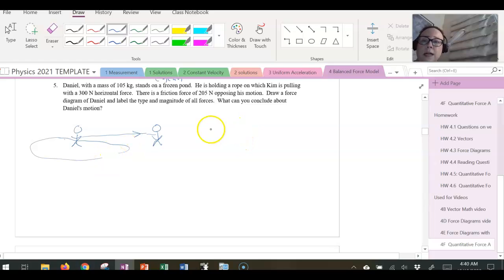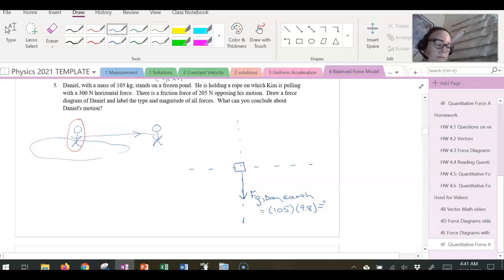And let's see here. So we're going to do a force diagram for Daniel. So first of all, we know that Daniel has a weight. And we can calculate that because we have his mass. And so his weight is 1,029 newtons.